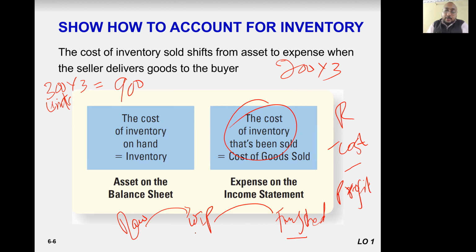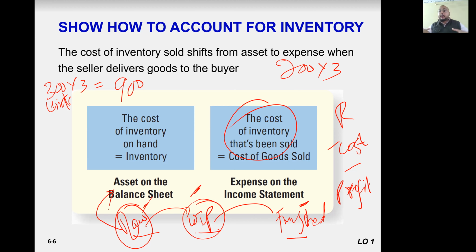So all these are your inventories, right? So all these unsold items or remaining items, balance of raw material, balance of semi-finished goods and balance of finished goods will be part of your balance sheet.